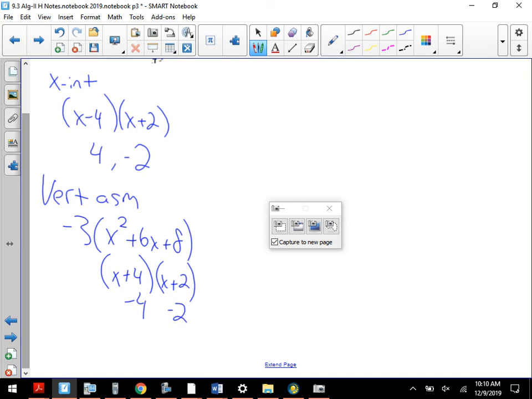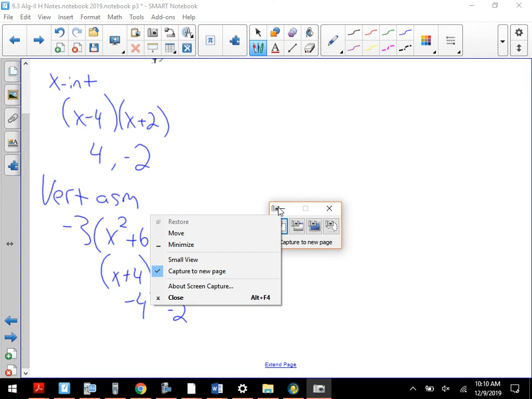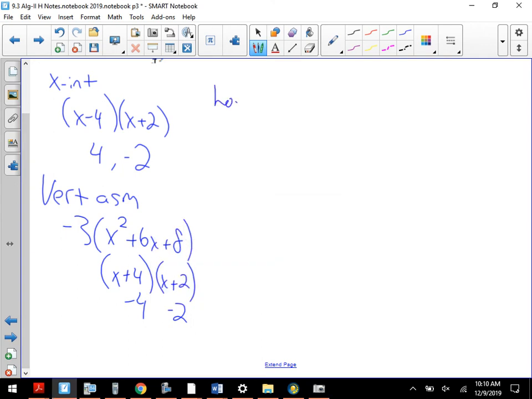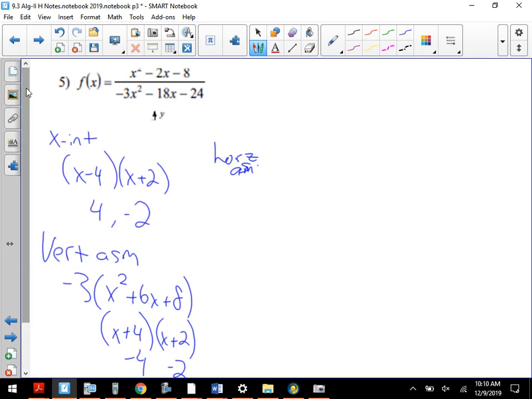And then your horizontal asymptote in this case, your horizontal would have been at negative 1/3. And then the only other thing you could have done is got the y-intercept in this case.